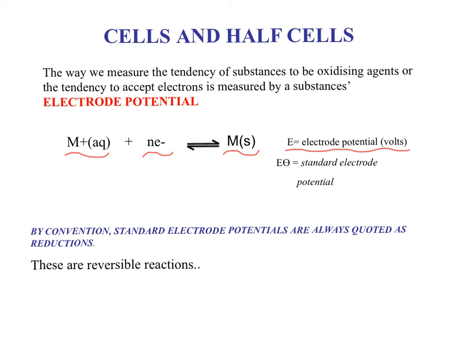You'll notice that the half equation here is written as a reduction, where the metal ion is gaining electrons, and by convention, we will always see the standard electrode potential half equations written as reductions, but it's important to note that these are in fact reversible reactions. They can happen in both directions.